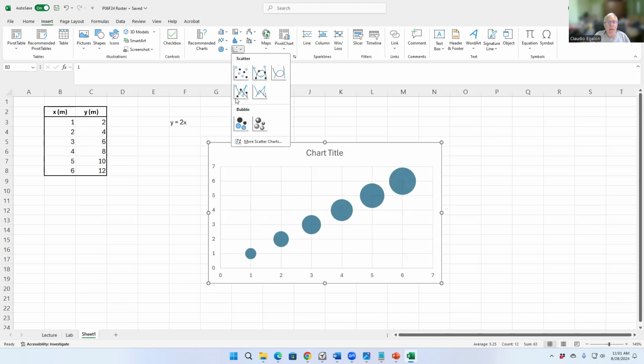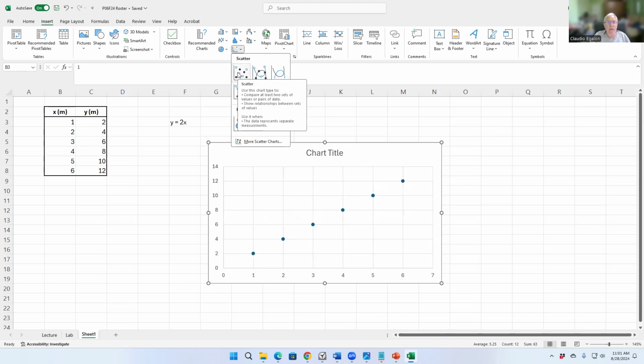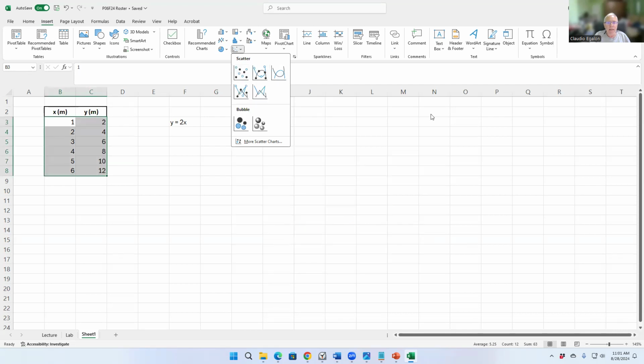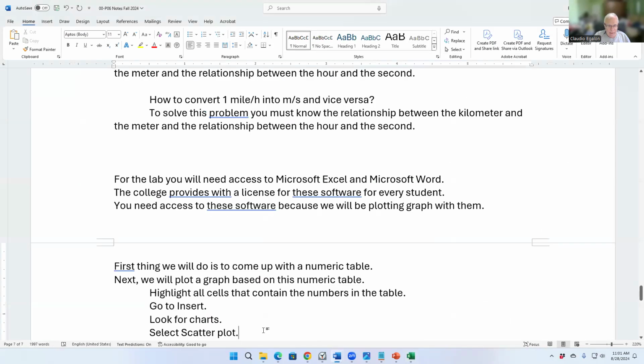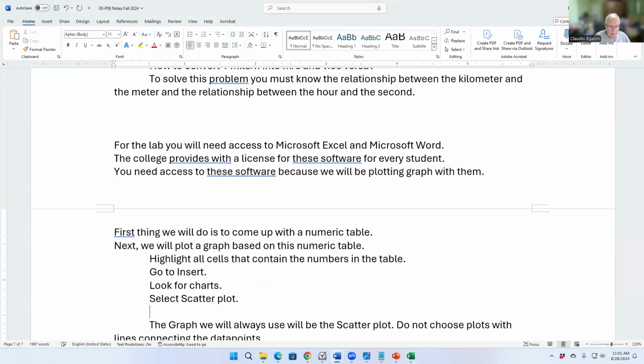Bubbles, data points. The one that I'm going to use is the one that has no lines. Select the scatter plot that has no lines connecting the data points.